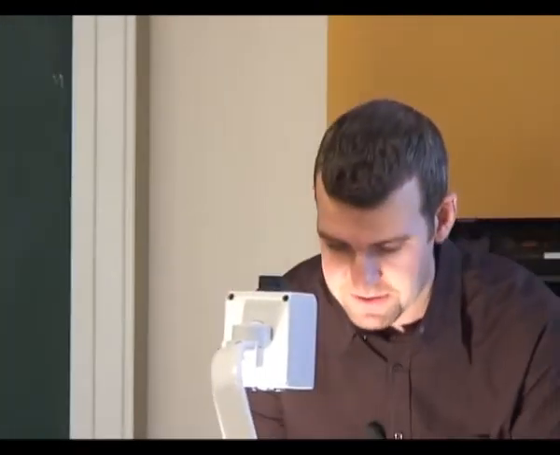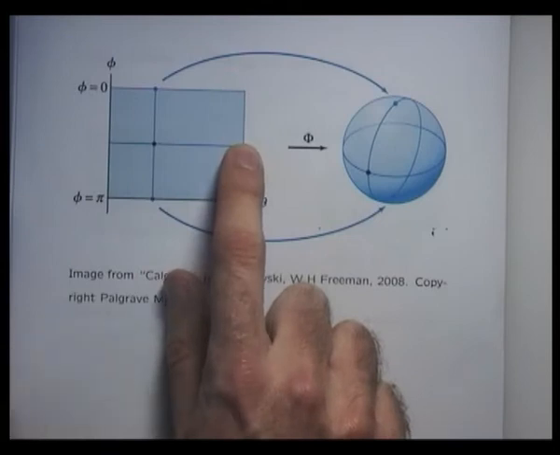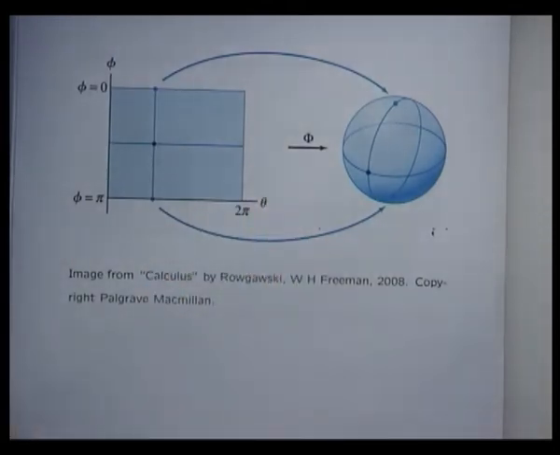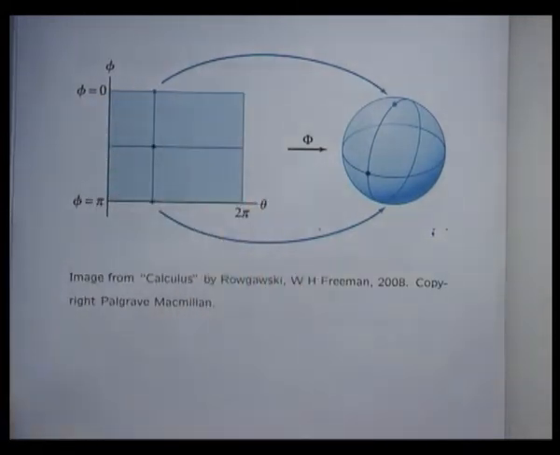So what's happening here with the parameterization? It's quite interesting, actually. The rectangle is getting wrapped around the sphere, and this line and this line form longitude and latitude on the sphere. You may think, well, what happens to these edges? Well, the top edge and the bottom edge collapse to the North Pole and the South Pole, respectively.